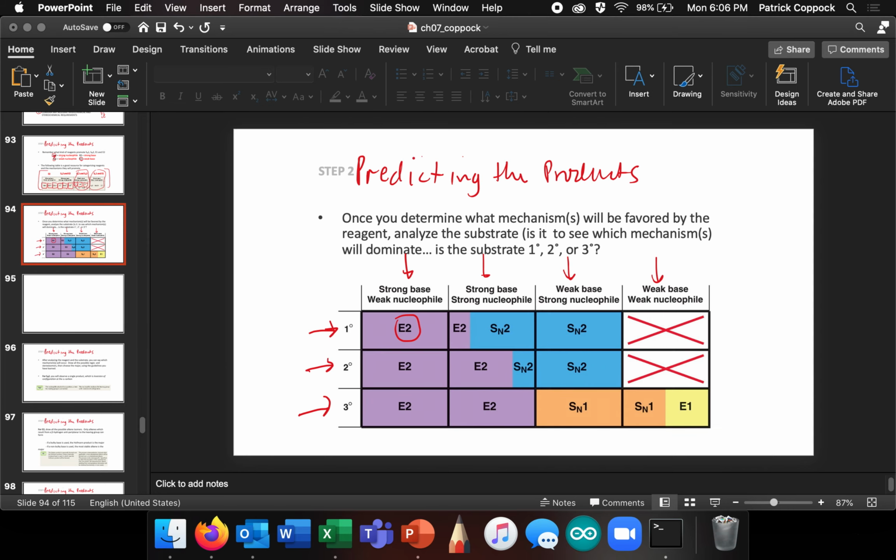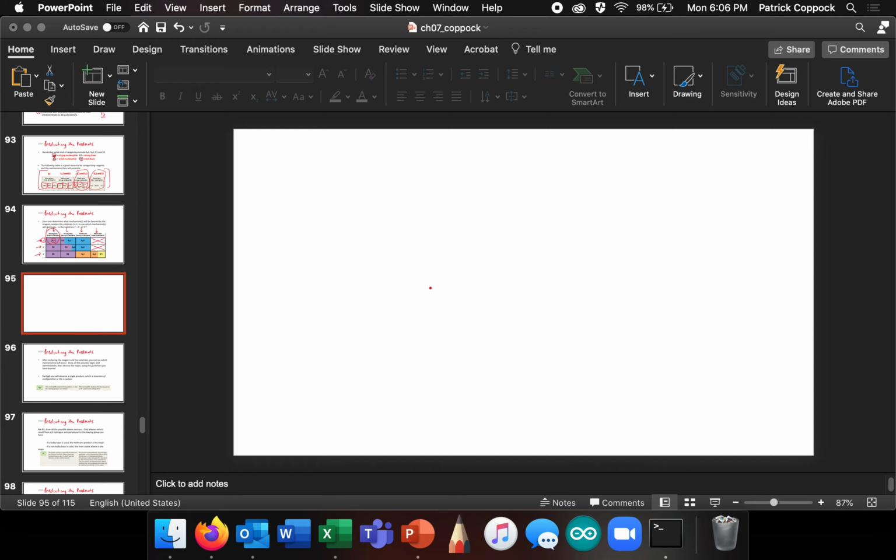So let's say we want to prove to ourselves that this is going to be exclusively E2, okay? So it's primary. I'm going to come here and draw a primary alkyl halide. This is not methyl.